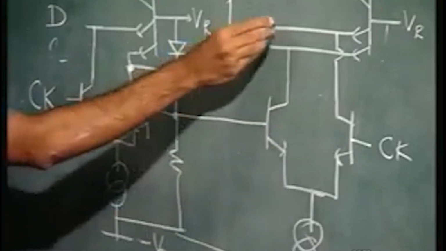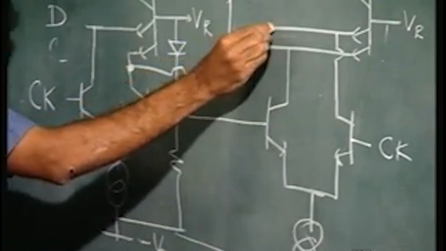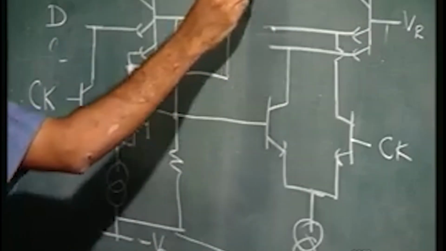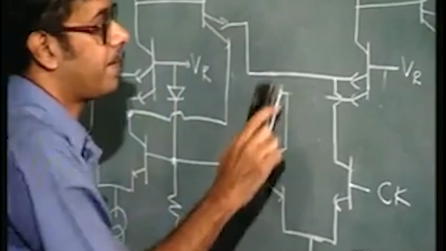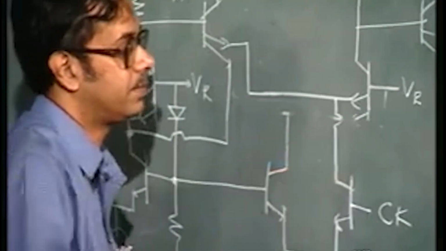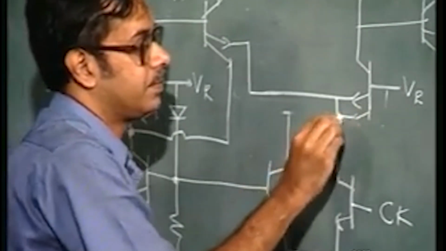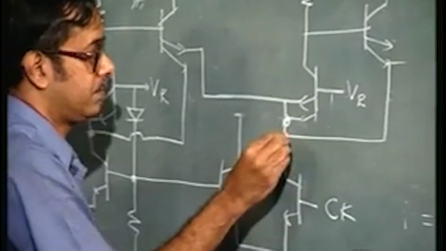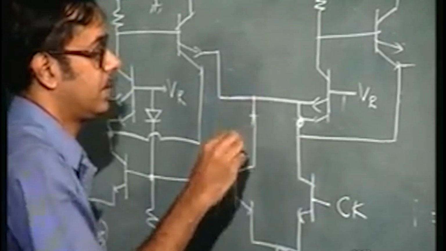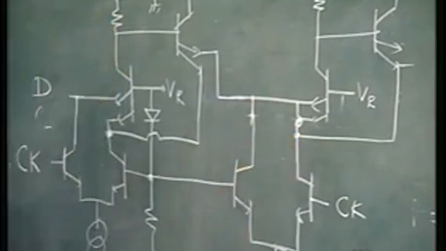Now here you have the D input, as in the previous case. So this goes the D input, and here you have this, so this is the circuit.